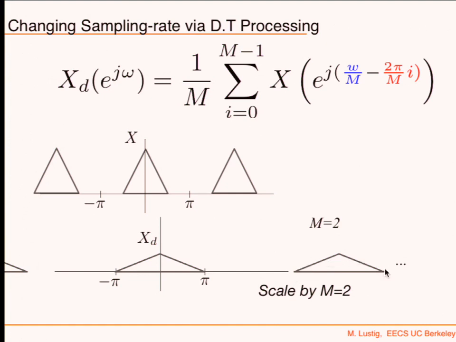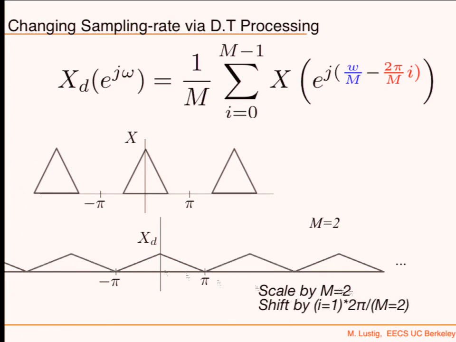Now here's the thing. If I just scale by a factor of 2, it doesn't work, because this cannot be a DTFT. A DTFT is periodic with 2π. So it's not enough to scale by a factor of 2. I scale by a factor of 2, and that's for i equals 0. I then need to add the replica at i equals 1, which shifts by 2π/2.